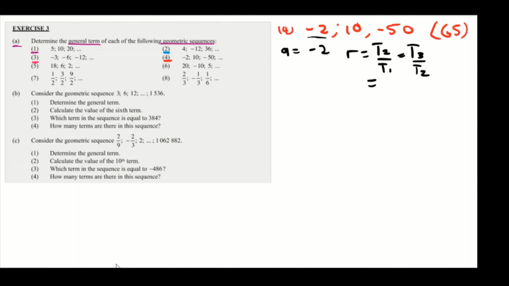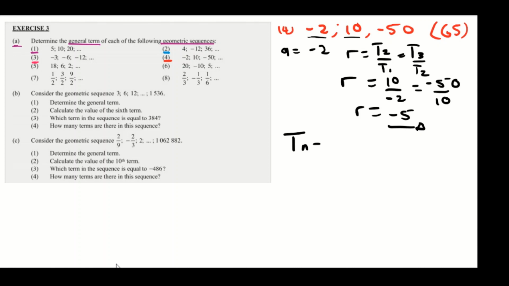Term number 2 is 10, so it's 10 divided by minus 2, which is term number 1, equals minus 50 over 10. So R is equal to minus 5. This is our common ratio.